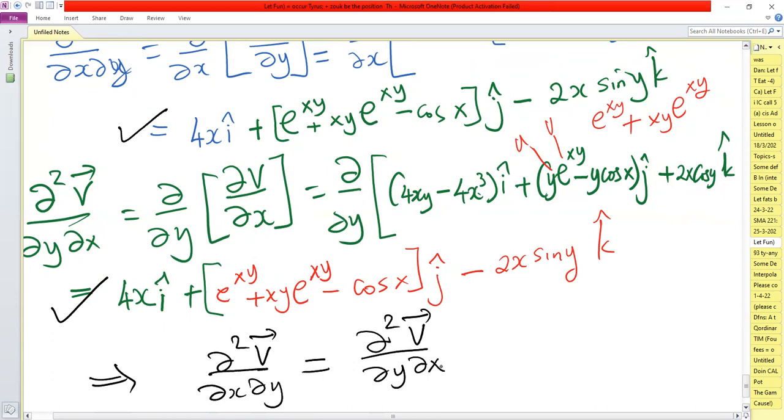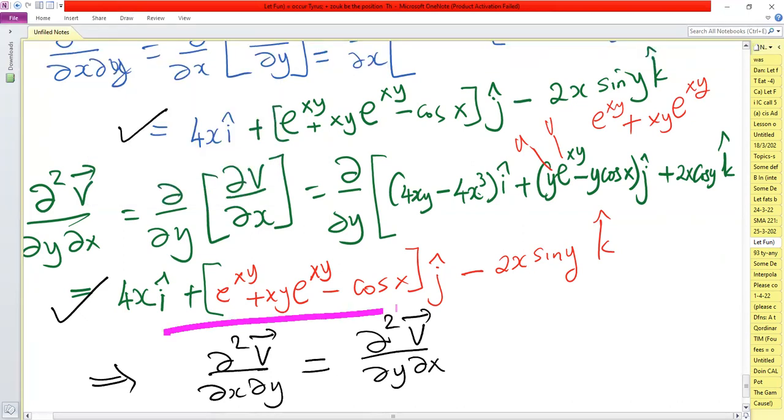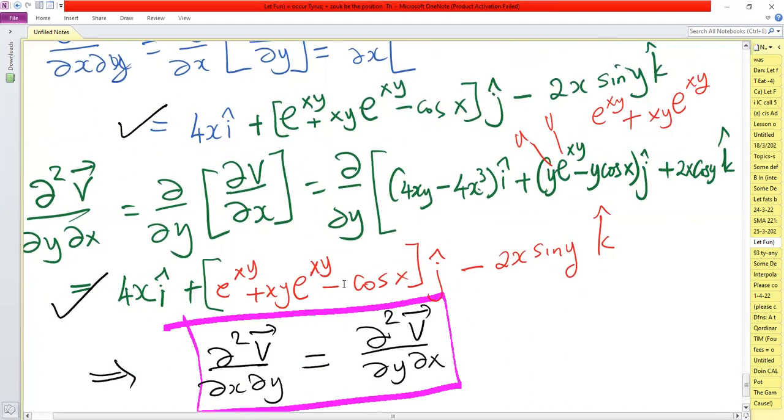Now, whenever the second order partial derivatives are continuous, this will always be true in general, that the mixed partial derivatives will always be the same. So that is how we were supposed to solve that given problem. Thank you.